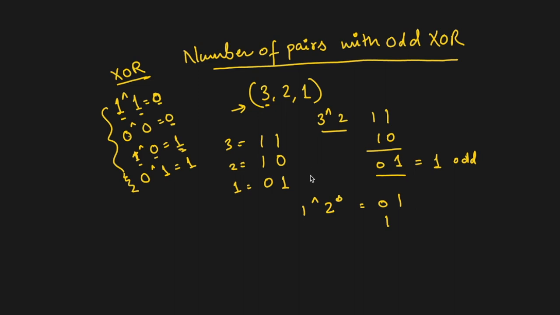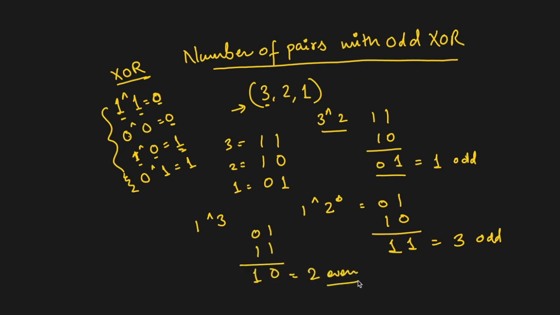Yeah, the 2 is 1, 0. So this will become 1 and this will become 1, right? So this is the representation for 3, which is an odd number. And if we take the last pair, which is 1 XOR 3, so that is 0, 1 and 1, 1. So this becomes 0 and this is 1? No, this becomes 1 and 0, so this is 2, which is an even number.